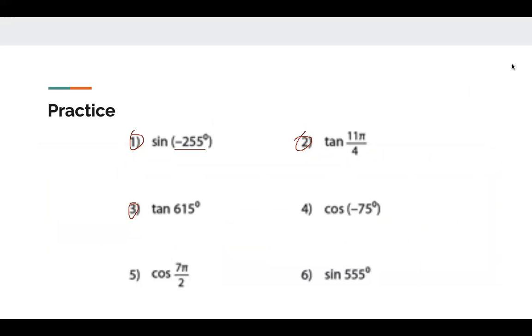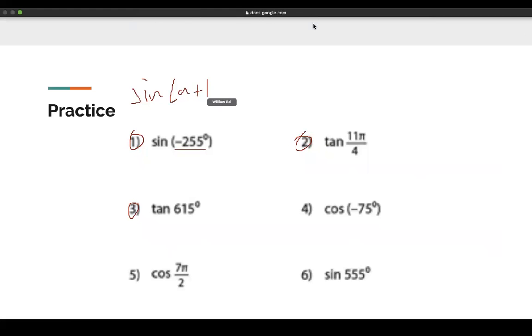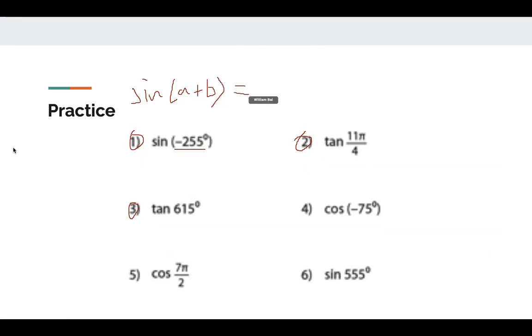So we use, wait, negative 225. Wait, okay, so we can do it this way. So we want to use the formula sine of A plus B, this is gonna be a bit ugly, is equal to a bunch of different things, right?